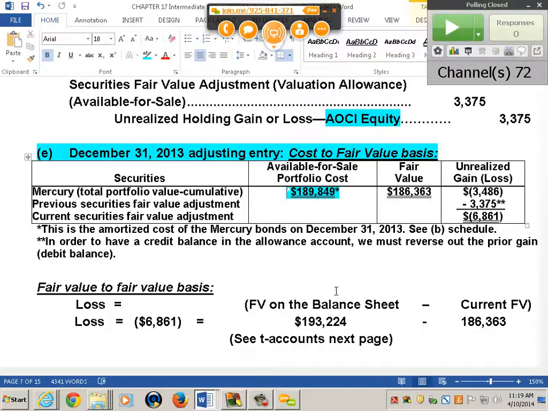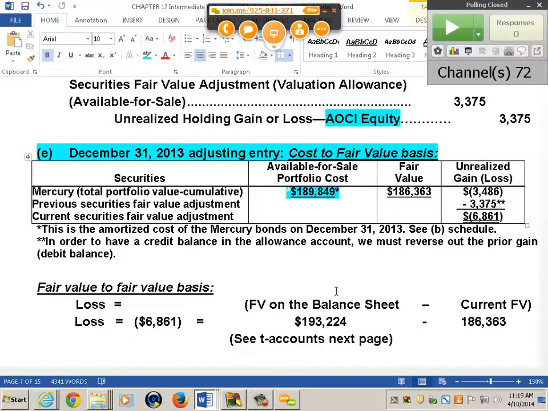And then, of course, you've got the fair value now at 186,363. Sorry about that. Fair value is 186,363 at 12/31/13.